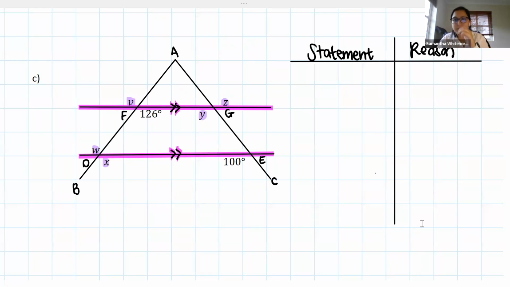Another minute or so. Nice, guys. And I'm liking those parallel lines in your reasons. We need to remember those. Well done.